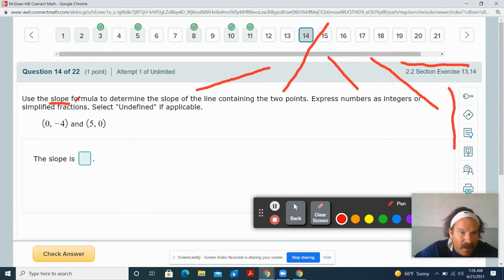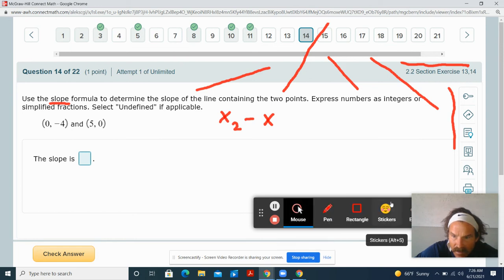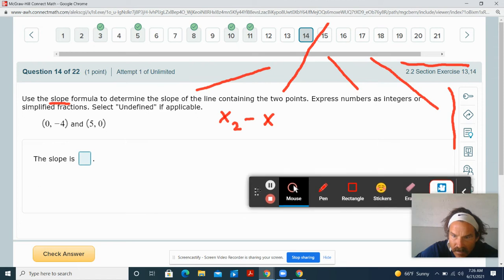So what we can do is put a value on the slant of a line. The formula for slope is, these are not exponents, by the way. Let me erase this.